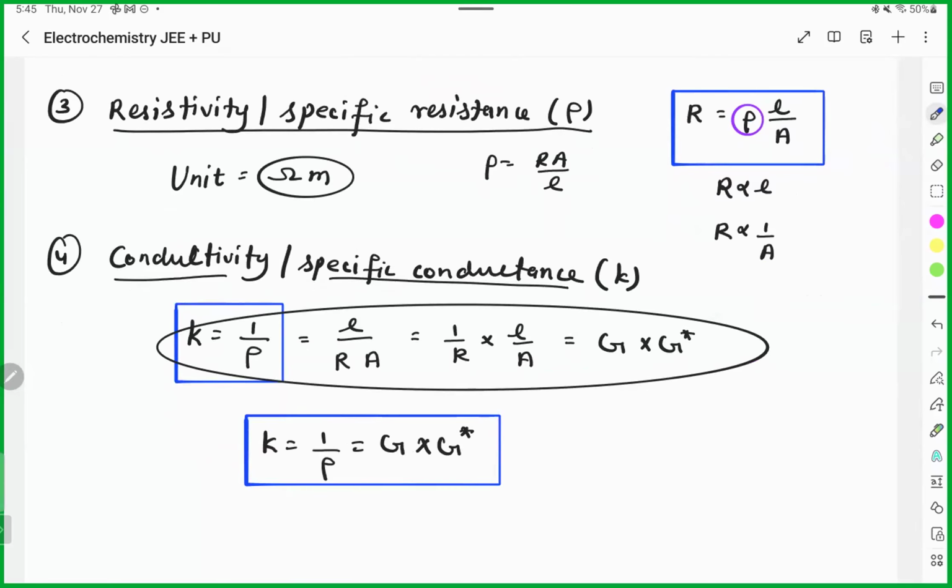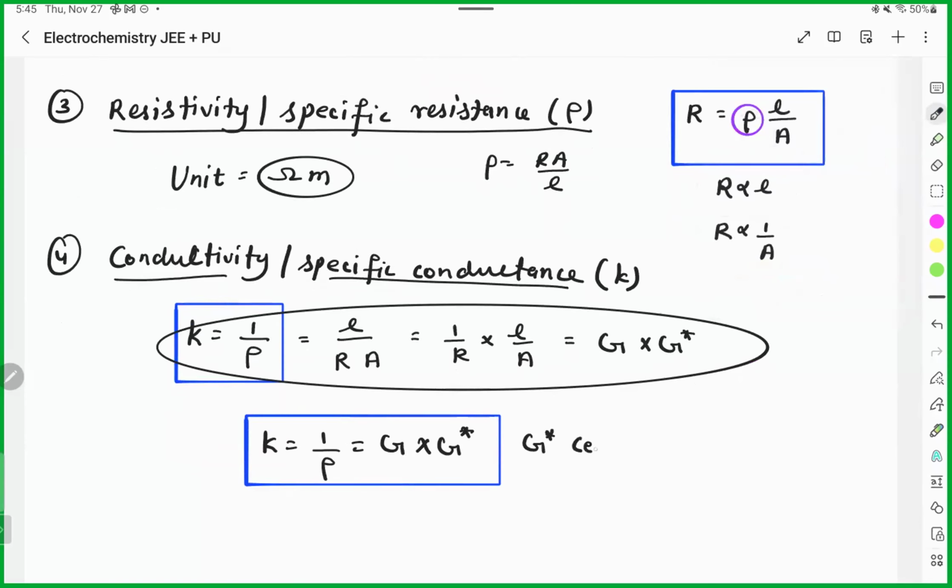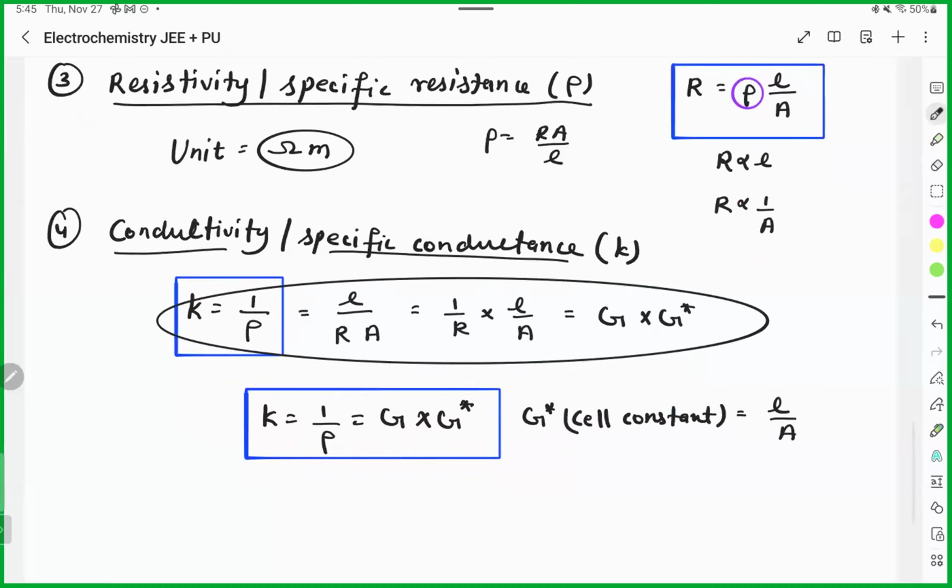So Samarth, what should be the value of cell constant? L by A, sir. Now tell me, Samarth, what should be the unit of kappa? Sir, ohm meter inverse. Yes.